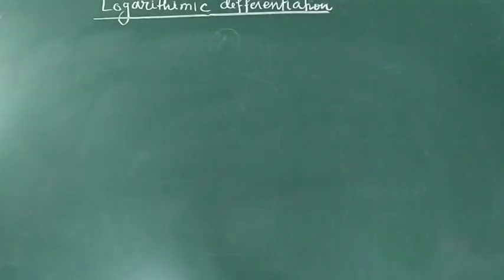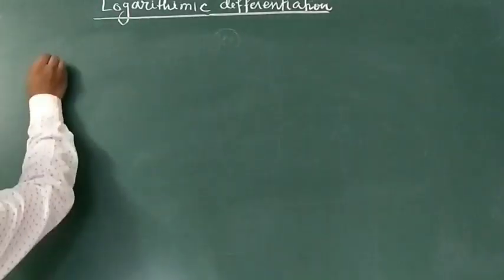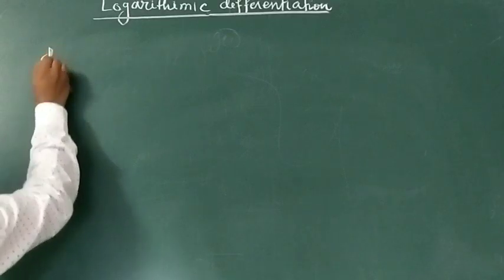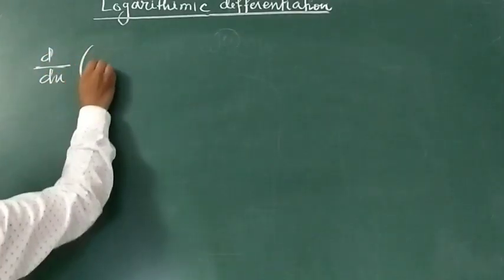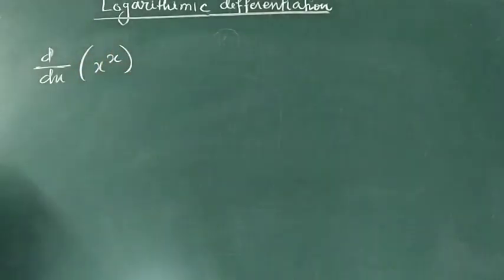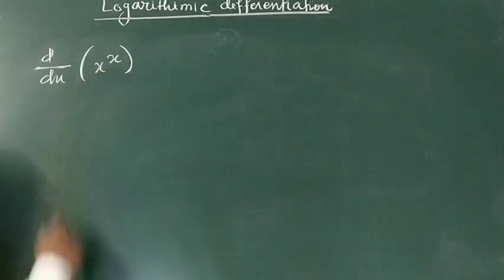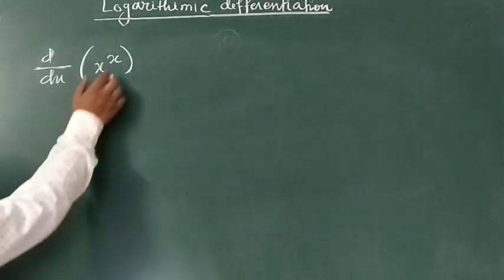First a simple example. Suppose that you are to find the derivative of x to the power x, the simple one. Derivative of what? x to the power x. To find the derivative of this, what will we do?